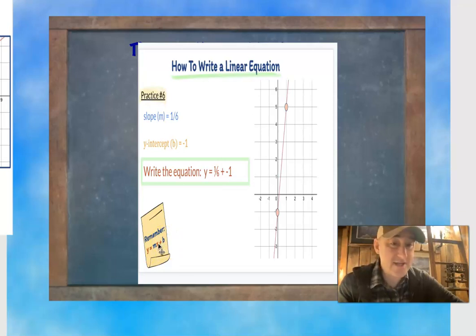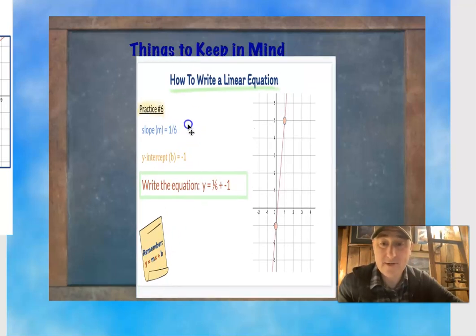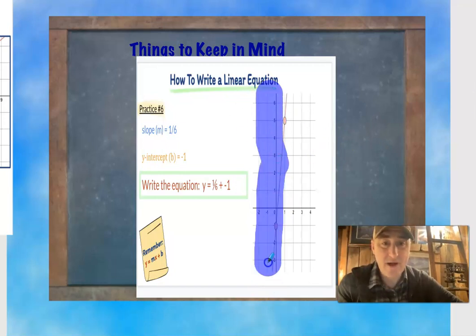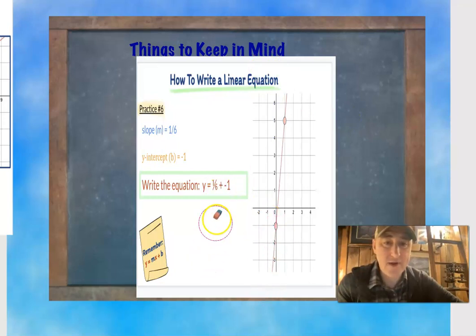It's not attached to the x. So in word problems, if you remember when we were doing the table, the b was our beginning amount. On the graph, the b starts here. Let's see if I can highlight this, on the y in the skyline. The b for this is -1, so we can write plus -1 or -1.